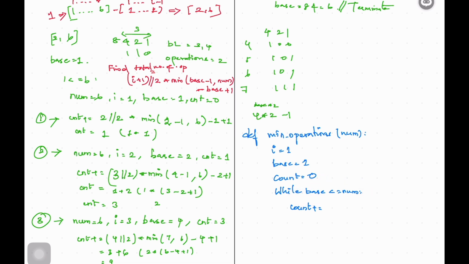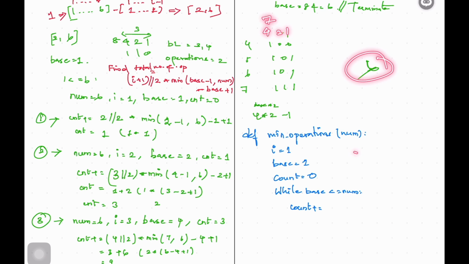I'll explain why we have added the condition base less than or equal to num. For example, our num is 6. At the max it can have a binary length of 3, and the base will be 7.